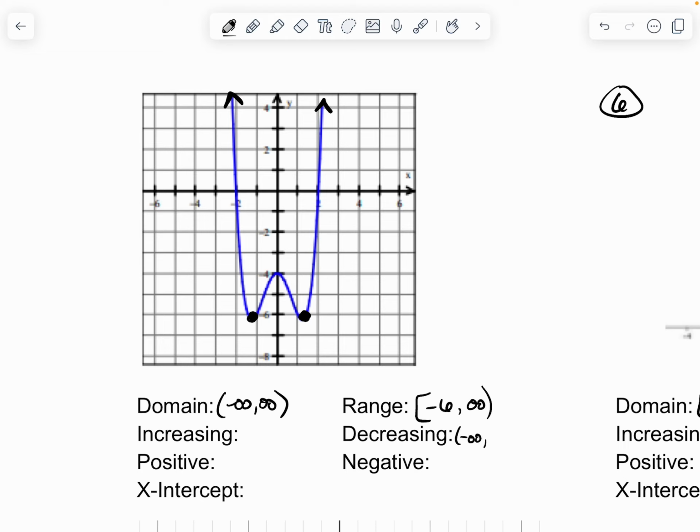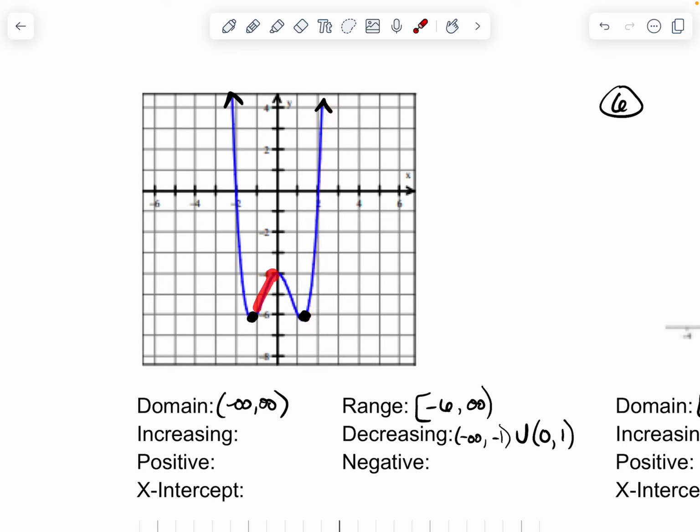We'll say that this is decreasing from negative infinity to negative 1, and then union from 0 to positive 1. That graph is going down from left to right. So now we got to come back and think about, when is it increasing?